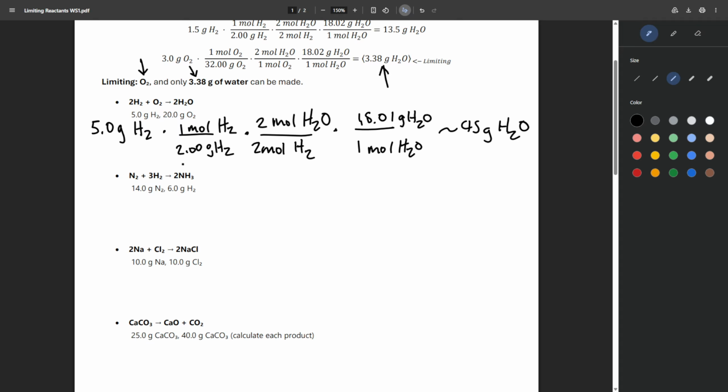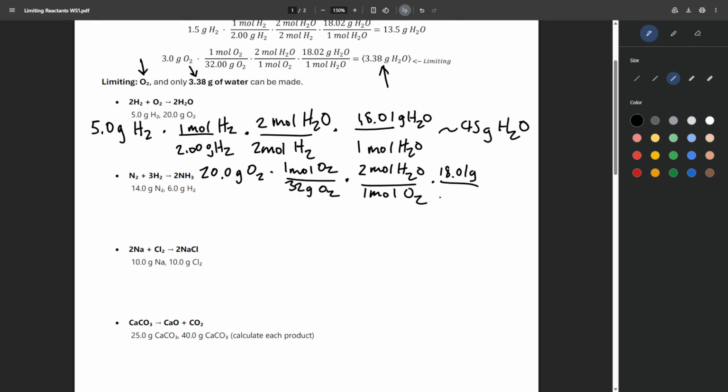If we compare that to how much oxygen, so 20 grams of oxygen, again, same kind of setup. For every mole of oxygen, there's 32 grams of oxygen, times 2 moles of water created for every 1 mole of oxygen used. That's a 1 to 2 ratio, looking at the reaction ratio. And finally, 18.01 grams for every mole of water.